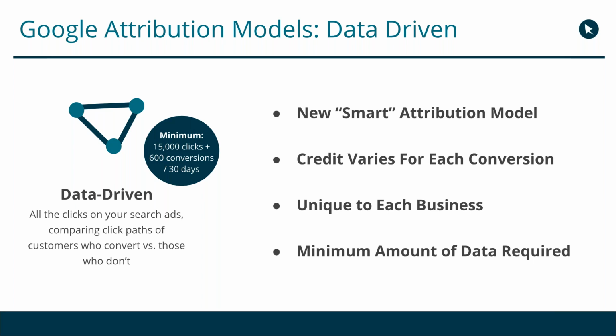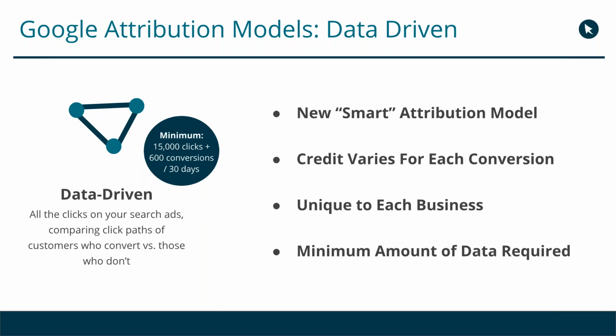Of course, like most things with Google, they're not going to tell us the proprietary information, but they characterize it as a smart attribution model, and it completely varies for each conversion, each customer. If you do enable data-driven attribution, it allows you, within AdWords, to start to break up conversion credit for each one of your campaigns.